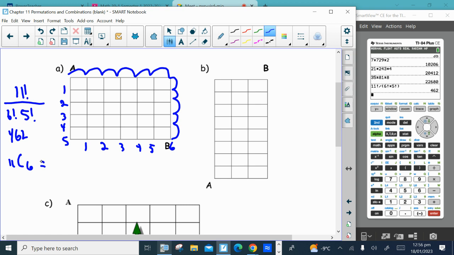And if you use the nCr formula, it's 11 factorial over 6 factorial times 11 minus 6, n minus k, which is 5 factorial. You see, that's the same expression that we have above. Same thing. So you could say you're going 11C6 or 11C5. 11 blocks, you're going to choose 5. Those 5 will be the ones that go from west to east. You'll get the same expression. So you can use combinations.